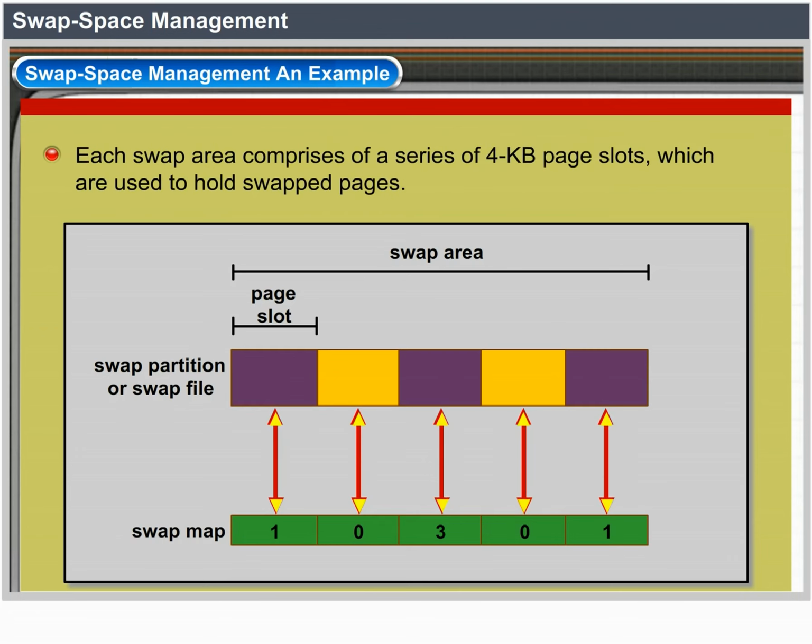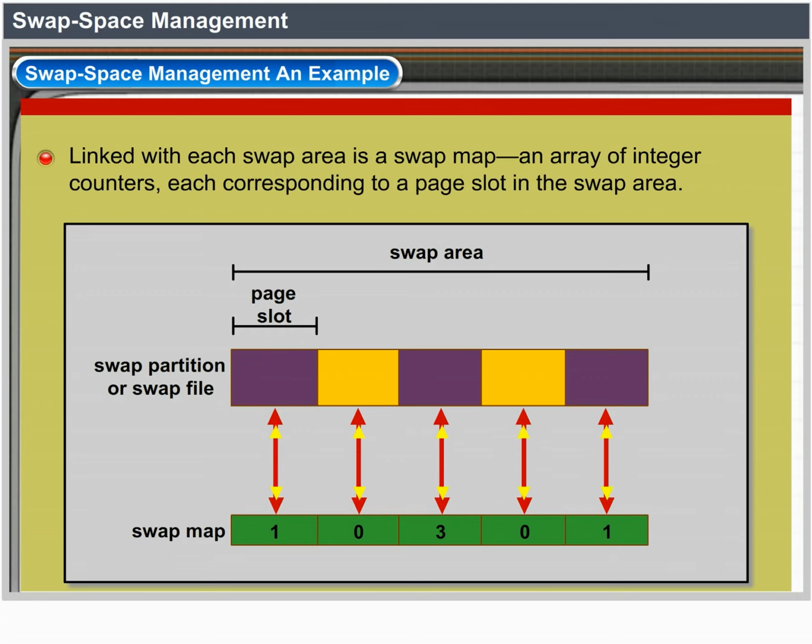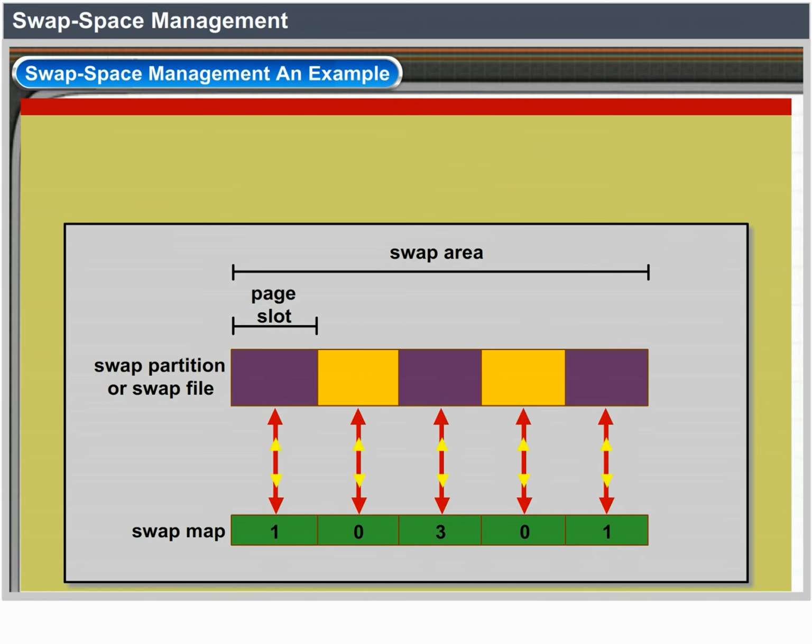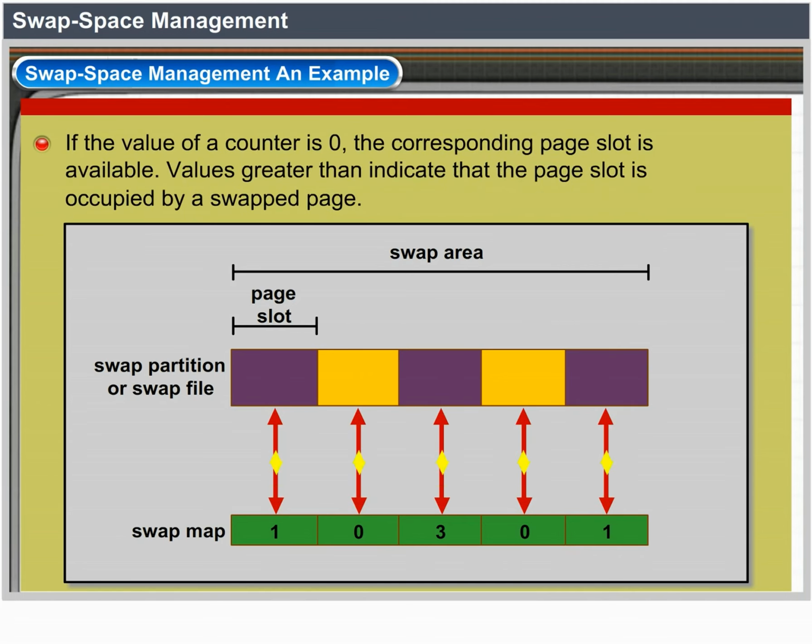Associated with each swap area is a swap map, an array of integer counters, each corresponding to a page slot in the swap area. If the value of a counter is 0, the corresponding page slot is available. Values greater than 0 indicate that the page slot is occupied by a swapped page.